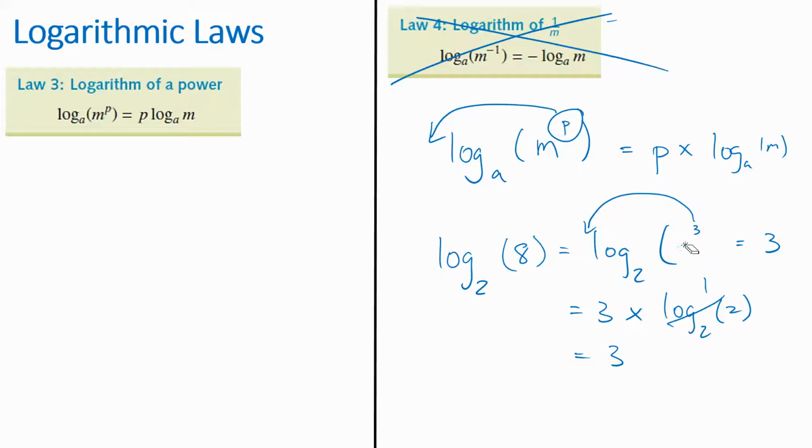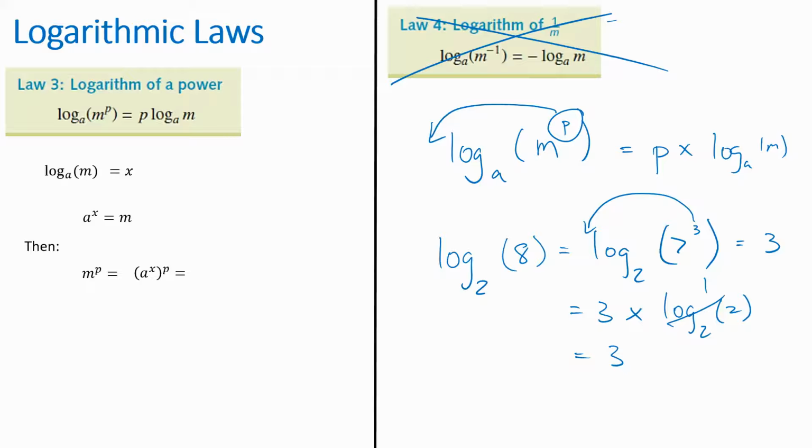Like if it was a 7 here, then at least you know you can bring the power down. Okay? If you're wondering why, it's the same thing again. If log a of m is equal to something, and I don't know what it equals, okay? If I reread it, it's saying a to the power of x equals m.